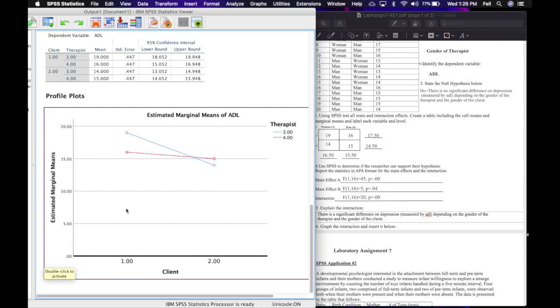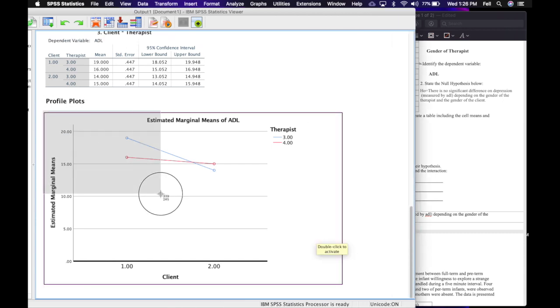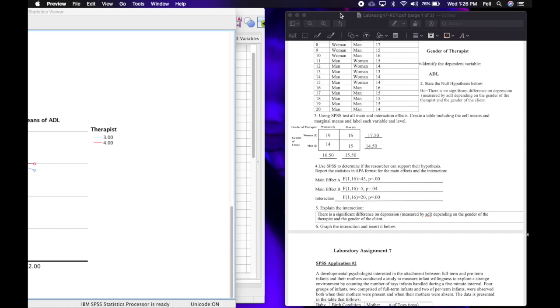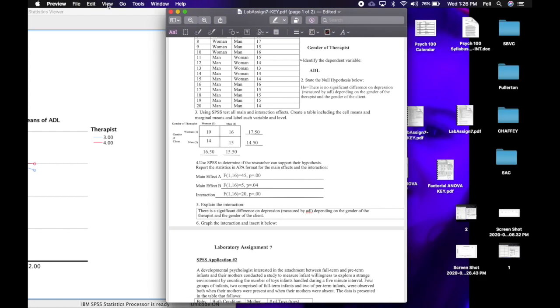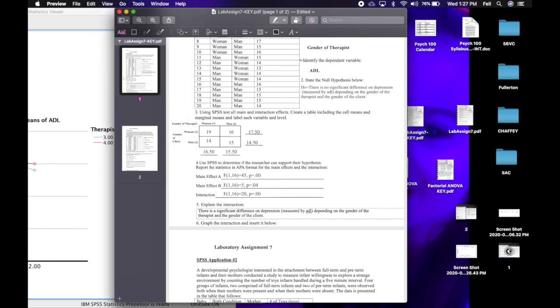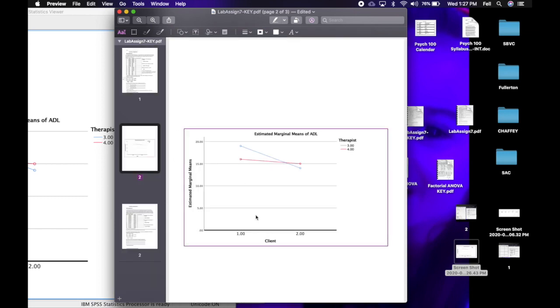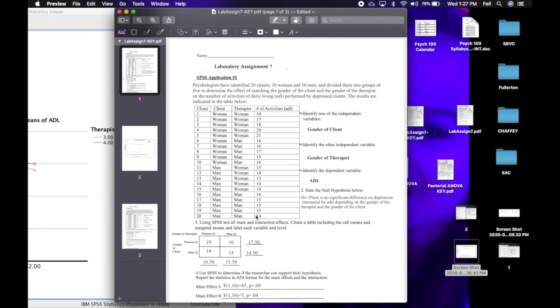And then the woman client and man client represented down here, 1 and 2. Okay, so I'm going to screenshot this. And I am just going to insert it into my PDF here by going to View, Thumbnails. I'm just going to grab that screenshot I just took and I'm going to put it right there. And there it is. And that is how you do a Factorial ANOVA.